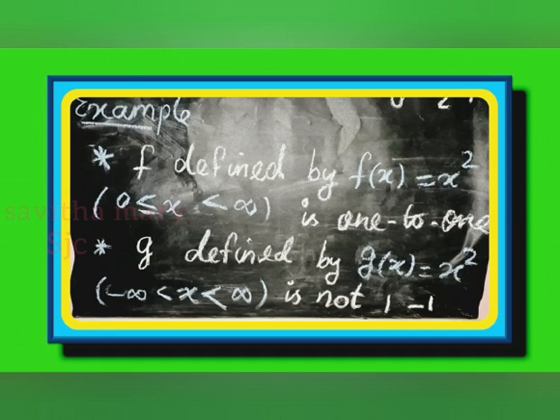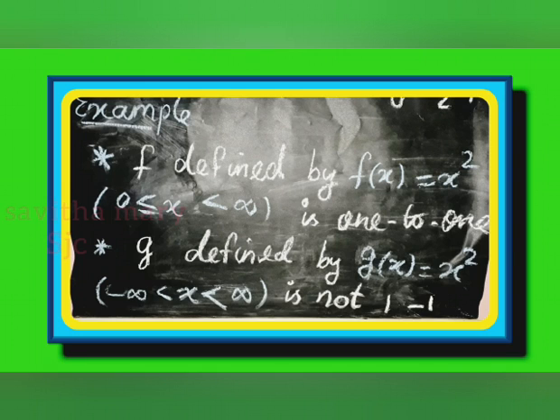See the example, f of x equal to x squared with the region 0 less than or equal to x less than infinity, which is the positive region. Inside the positive region there is a mapping from 0 less than or equal to x less than infinity to 0 less than or equal to x less than infinity. The function f of x equal to x squared is a one-to-one function.